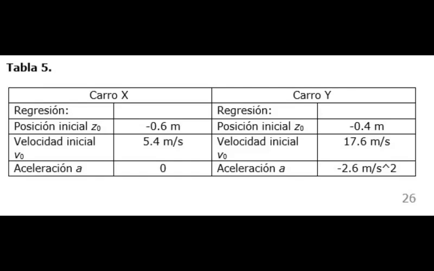Then, we calculated the velocity of each car at the moment they meet. Car X maintains a constant velocity of 4 meters per second, while car Y has a velocity of approximately -12.24 meters per second, which indicates that it has already changed direction.